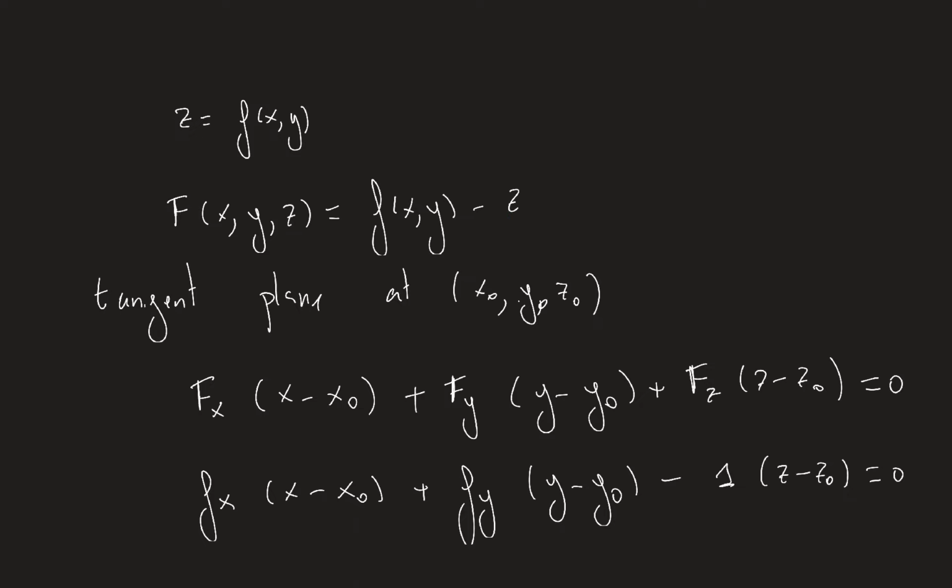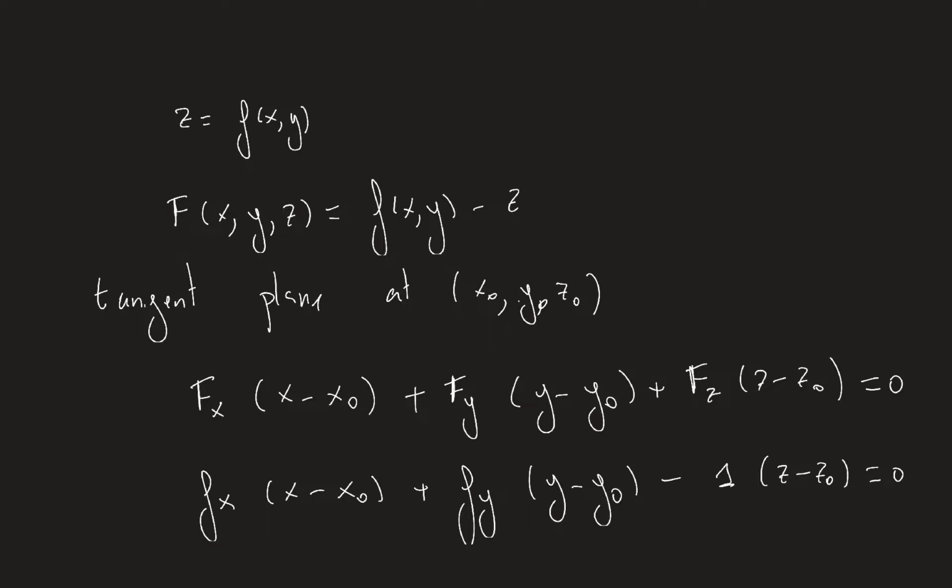They are independent variables. What is the derivative of capital F with respect to y? It is f_y. What is the derivative of capital F with respect to z? It is minus 1.